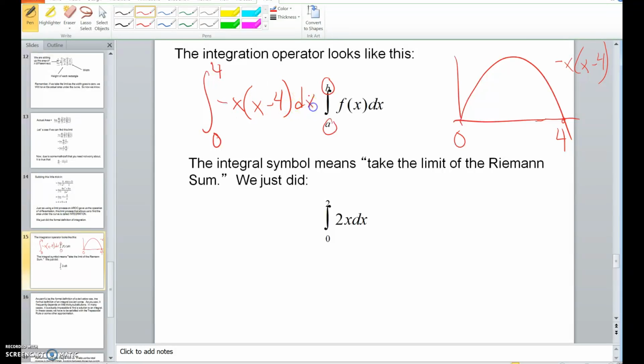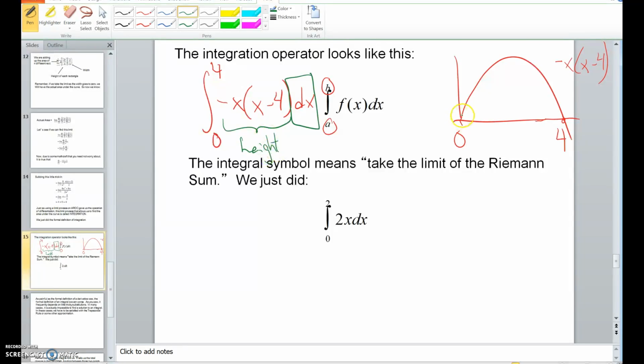And then dx. This dx is not going to be part of any of the computations you do. This whole setup here is shorthand for finding the area of rectangles. So if you think about it, this is the height of each rectangle.